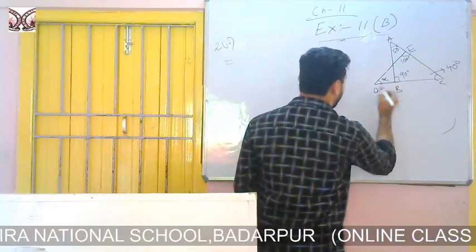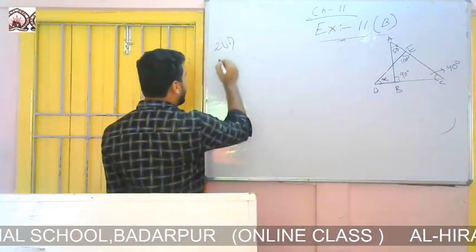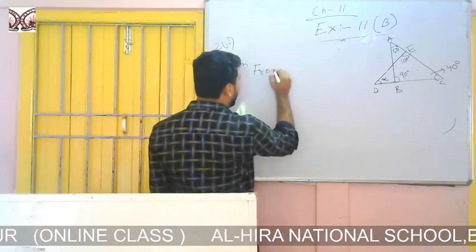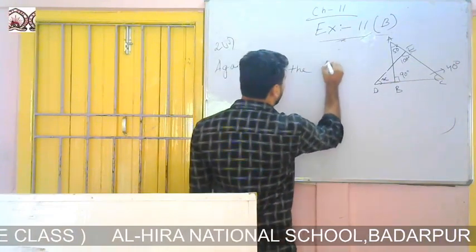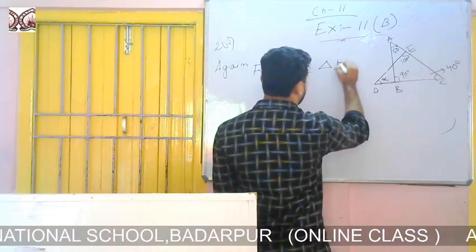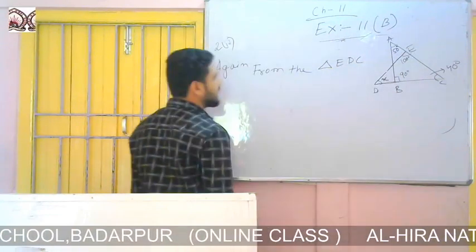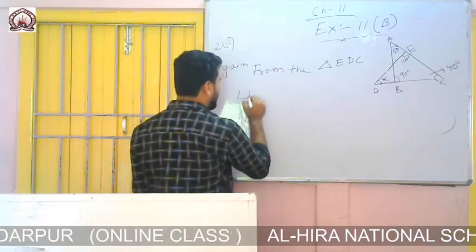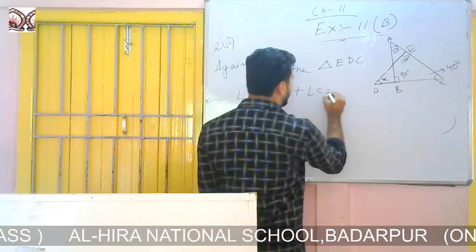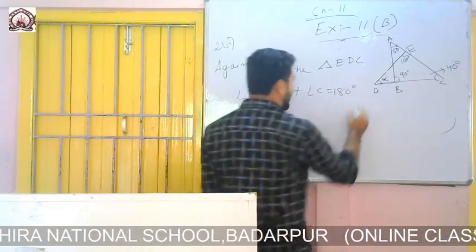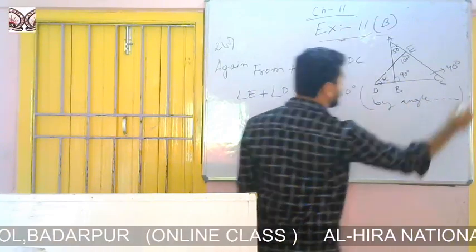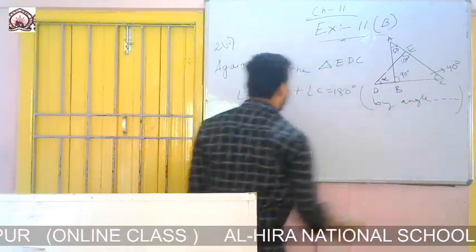Angle E plus angle D plus angle C equals to what? 180 degree. You write the reason by angle sum property, as earlier.